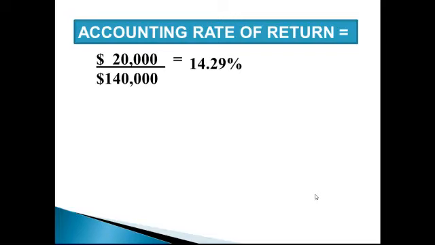This will give us 14.29%. Now normally we would compare that to the minimum required. That was not given in the problem, so it's difficult to evaluate if it passes the test, but we can calculate that the accounting rate of return is 14.29%.